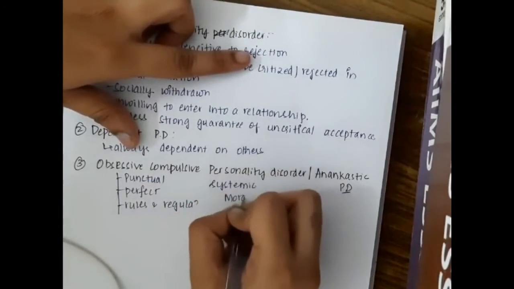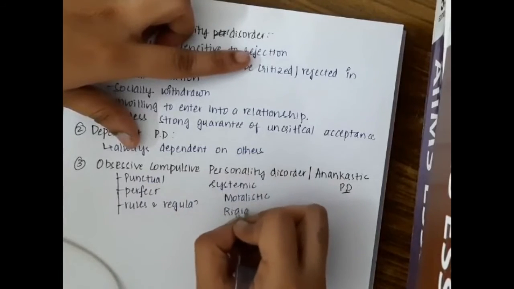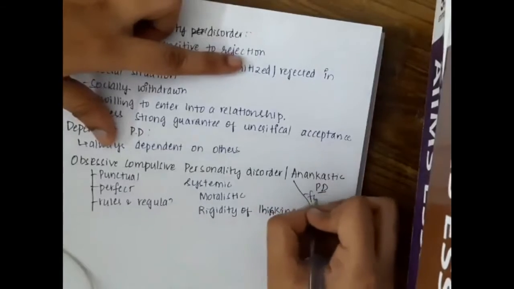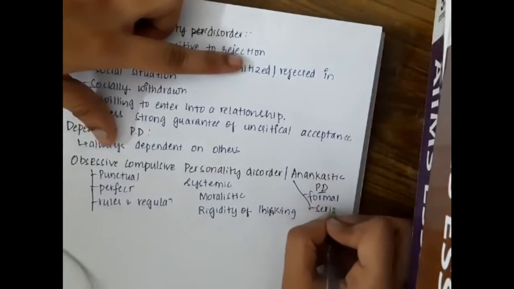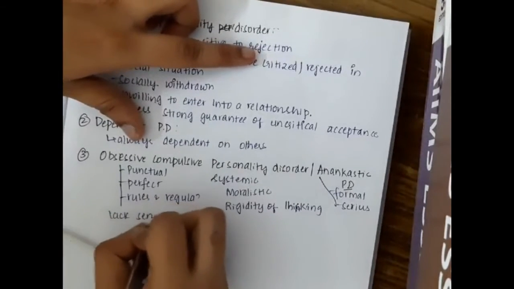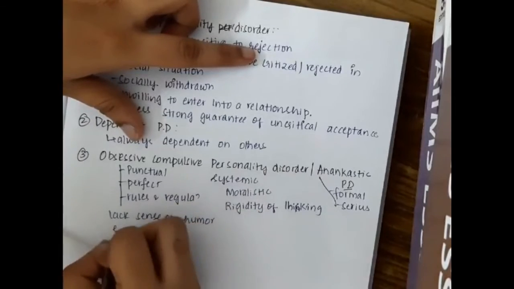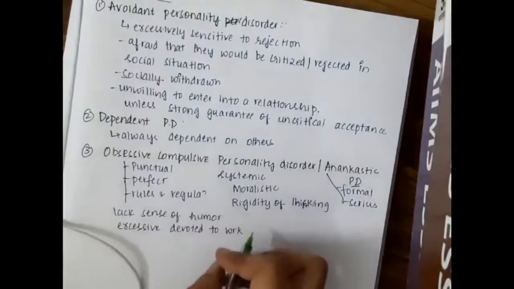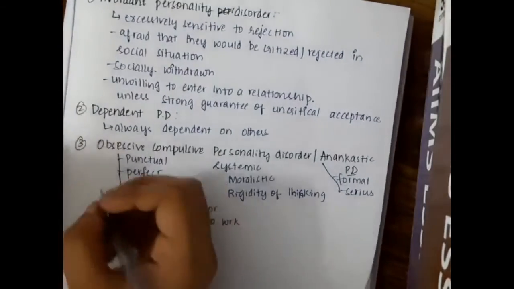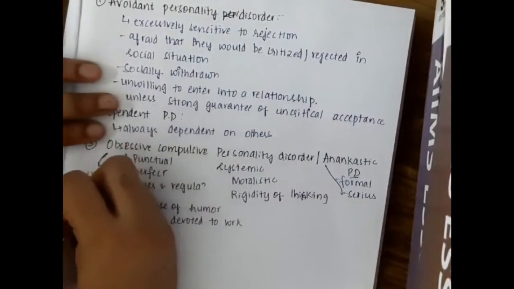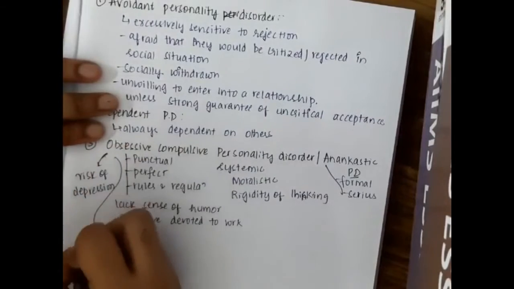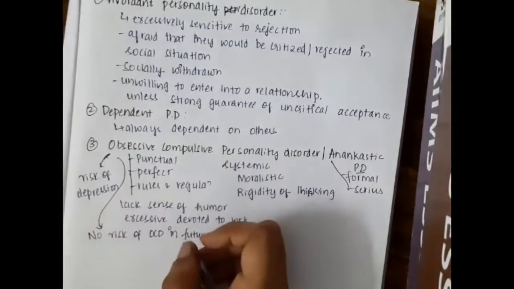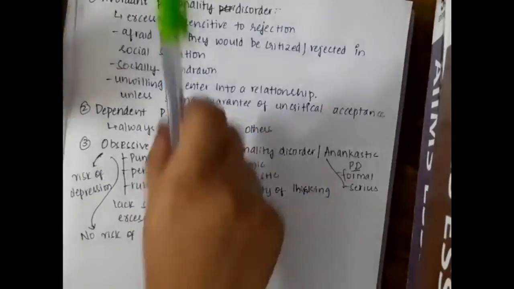They are systematic, moralistic, and have a rigid form of thinking. They are always formal and look serious always. They lack a sense of humor. They are excessively devoted to work. Because of this perfectionism, the patient is at risk of depression. There is no risk of obsessive compulsive disorder in future anyway.